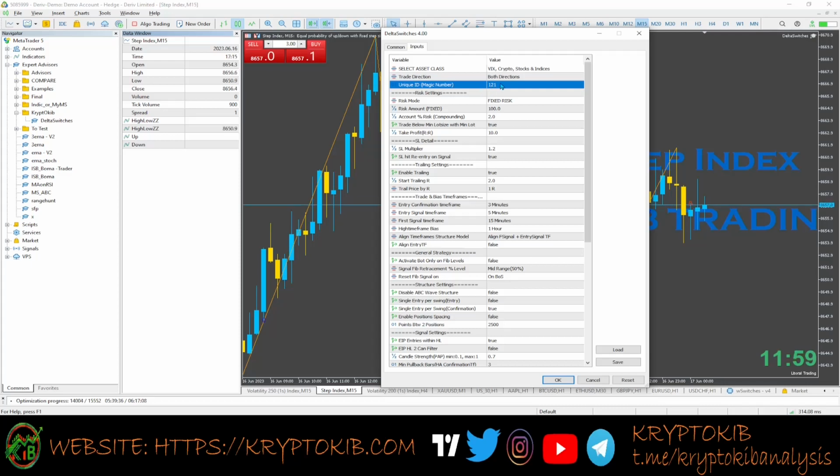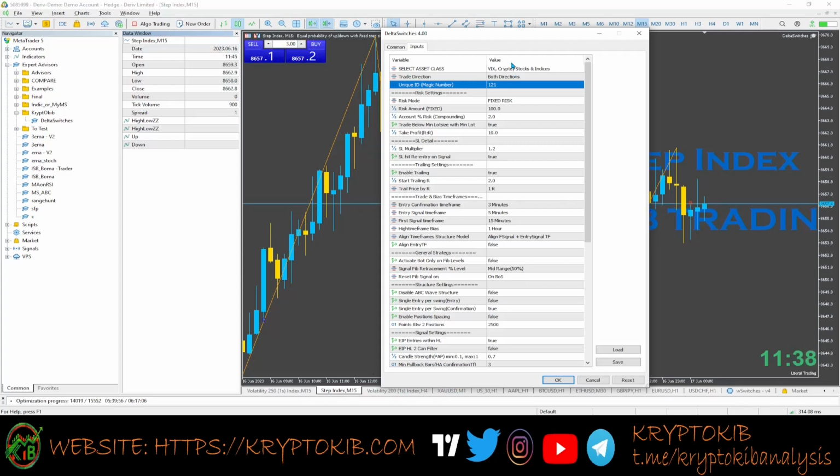It is a unique number. It's mostly called the magic number, but they are unique identifiers used to identify each EA when attached on several charts. Like you have it attached on Step Index, you have it attached on Volatility 20, you have it attached on gold.